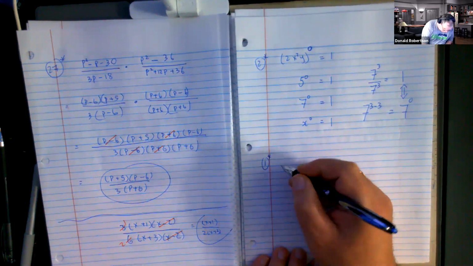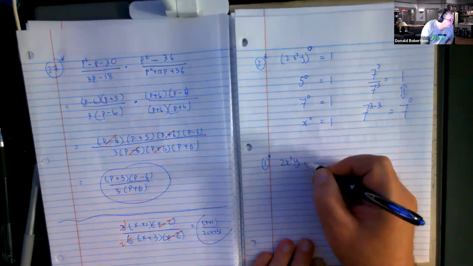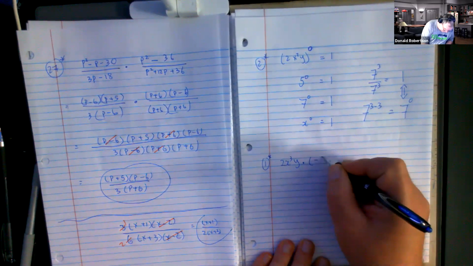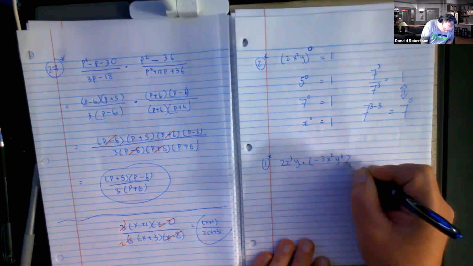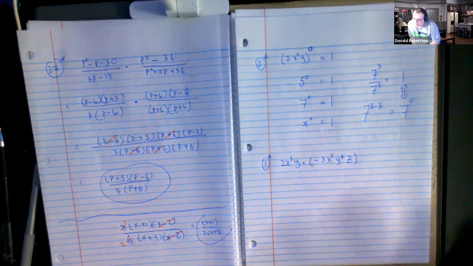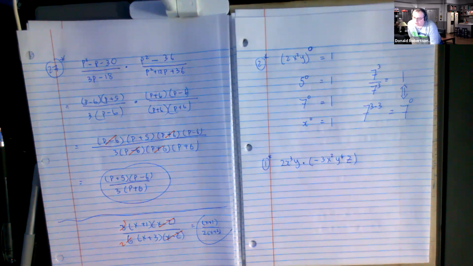Okay. Now, the next situation is like question 1: 2x cubed y times negative 3x squared y to the 4 z. Well, for starters, there isn't even a fraction here, because the theme is multiplying rational expressions, and this is not one of those.